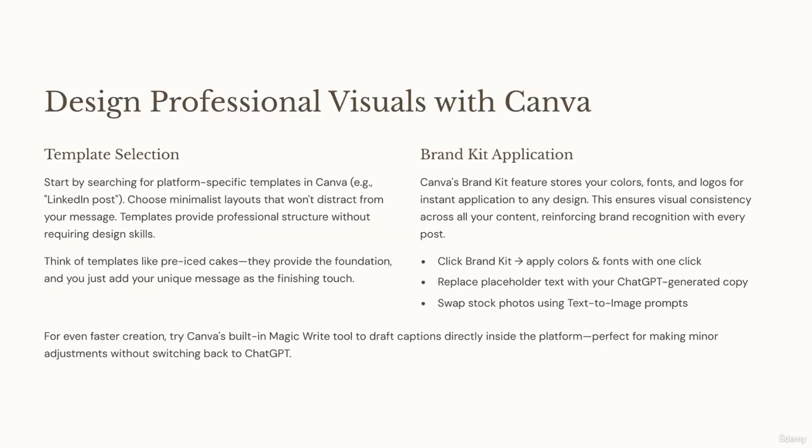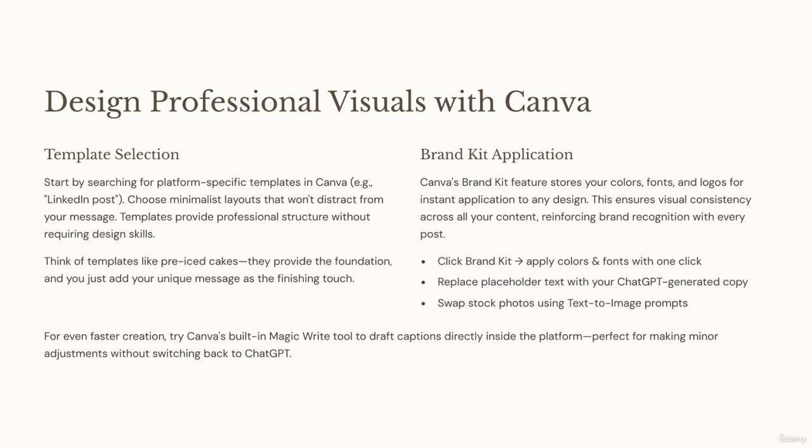Now let's talk visuals. Even if your post copy is top-notch, blurry or messy design can instantly kill credibility. Canva changes that. Start by searching for a platform-specific template, LinkedIn post or Instagram story, for example, and go for a minimalist layout that won't compete with your message.